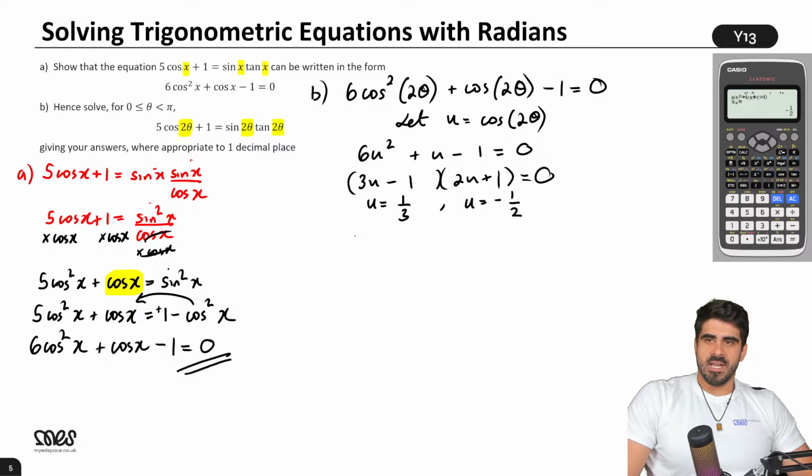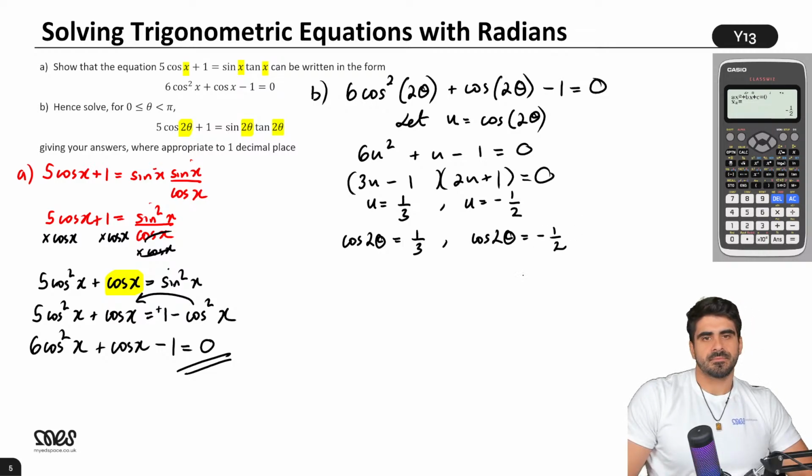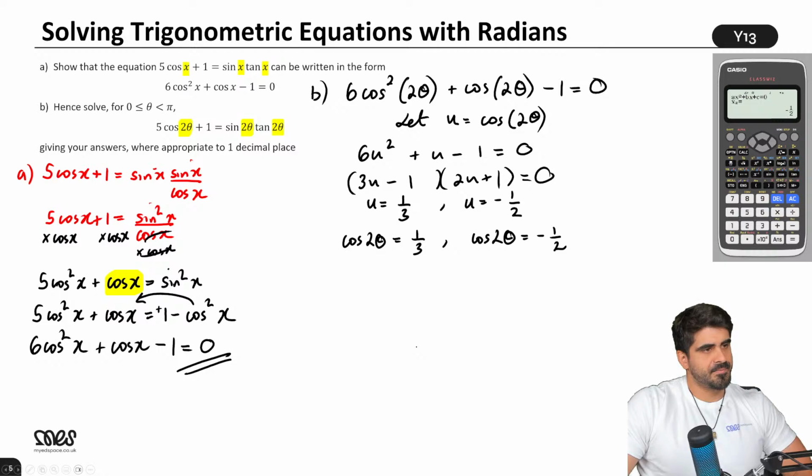Okay, so we have cos of 2 theta is a third. Don't forget we made that substitution. What do we do next? Ranges. So we're going to modify the range, which is between 0 and pi.